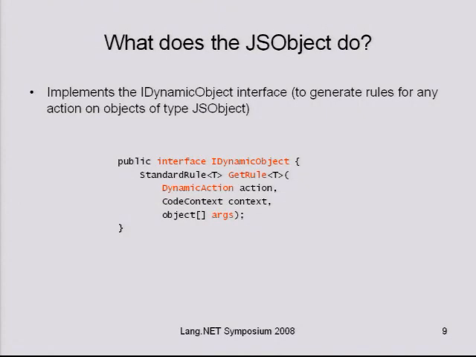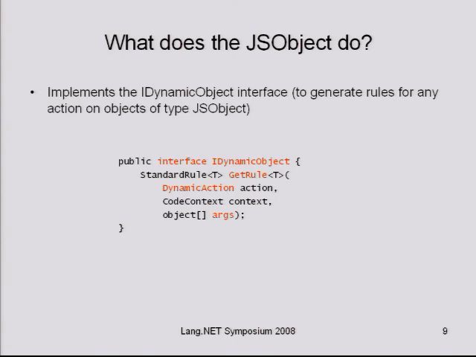And what does the JS object do, which is in the JScript runtime? It implements the IDynamicObject interface, which is a very lightweight interface which has only one method. It's called getRule. And in our case, what is passed in are details of the action to be performed, an execution context, which will have the scope chain and others, and the actual arguments on which to perform the action.